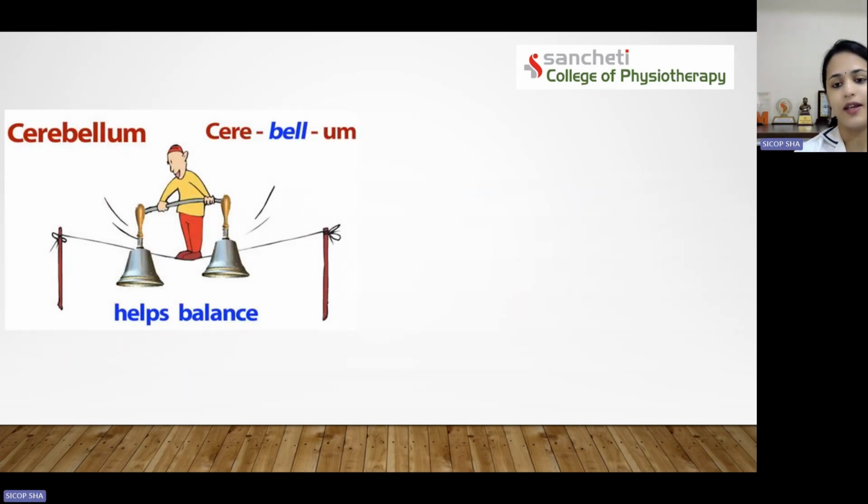As we can see in the diagram, we have a person walking on a tightrope and trying to maintain the balance, the body's balance, the body's posture.